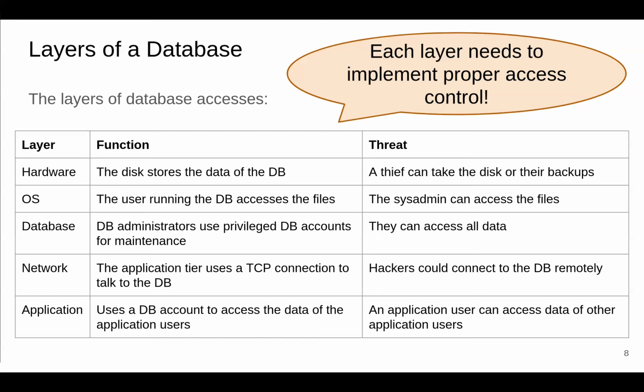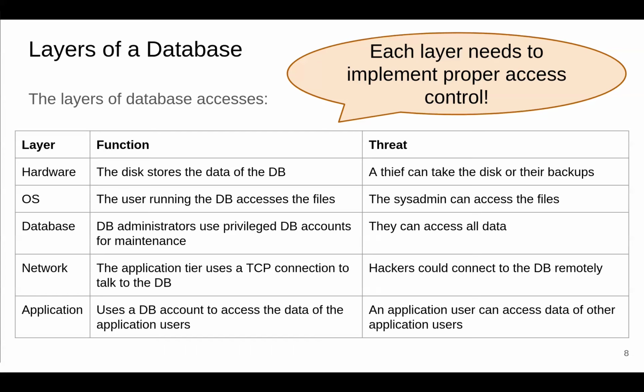We've got the network, right? The application tier interacts with the database and sends data back and forth through potentially unencrypted TCP connections or exposed connections, even if it is connected through TLS. And then the application, which does another layer of user management.